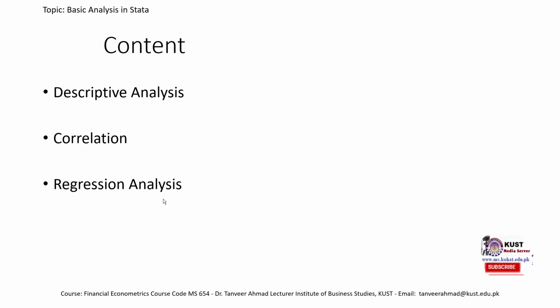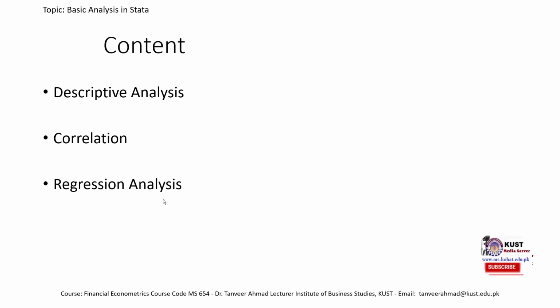In the previous video we understood the interface of Stata, we saw how to write a command, the command syntax, and the do file. In this video we are going to analyze some data, find its descriptive analysis, the correlation and the regression table, and interpret those results. This would be basic OLS regression, and we aren't going to apply the assumptions of regression in this specific video.